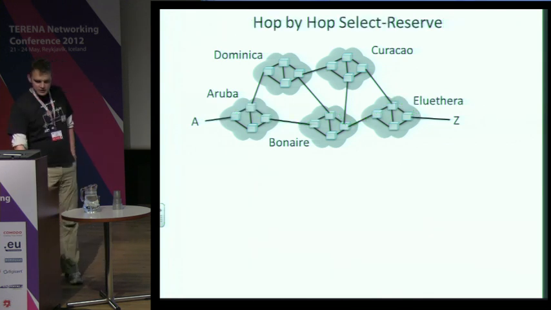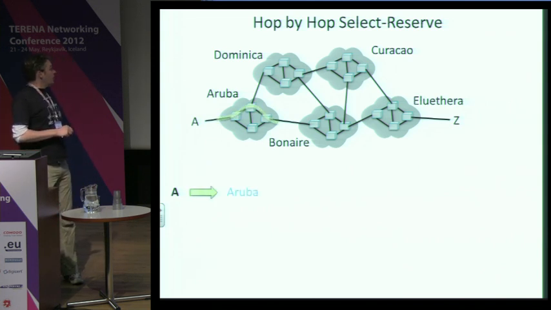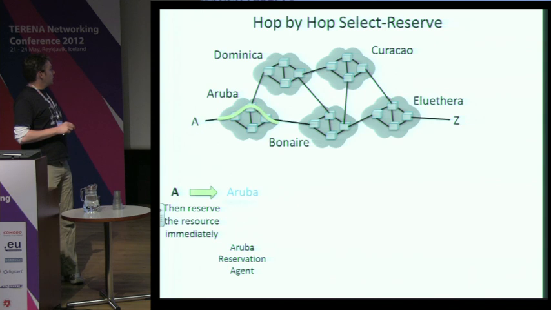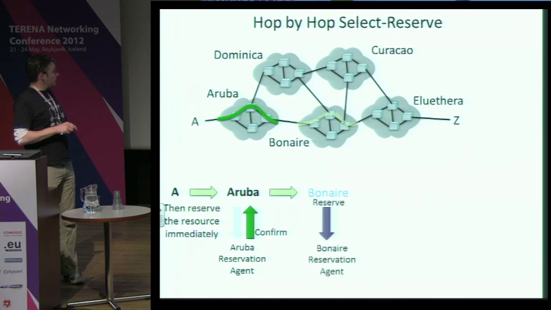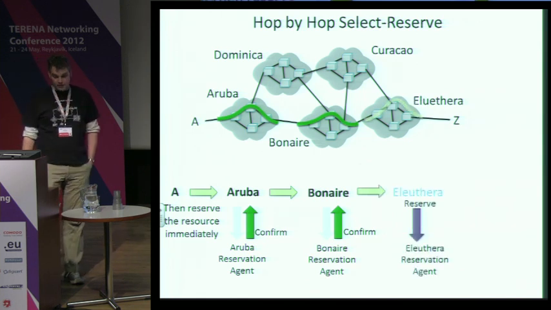The other option is that you do it hop by hop. You select a certain path through the network, you reserve that path, and then you go on to the next one and you make a reservation and you go back, and then you go to the last one, you make the reservation and you go back.